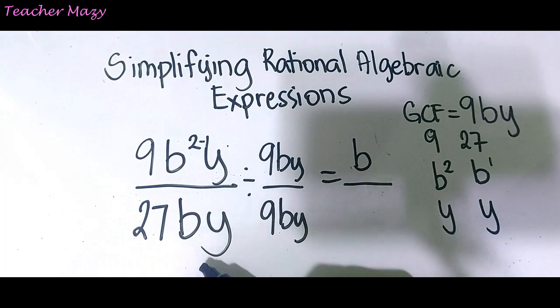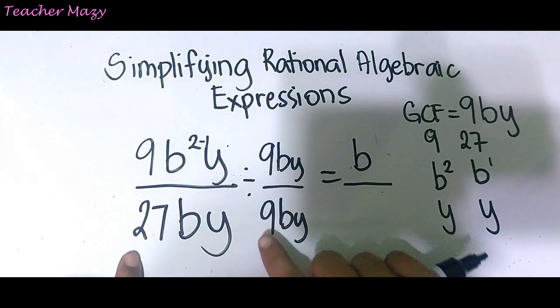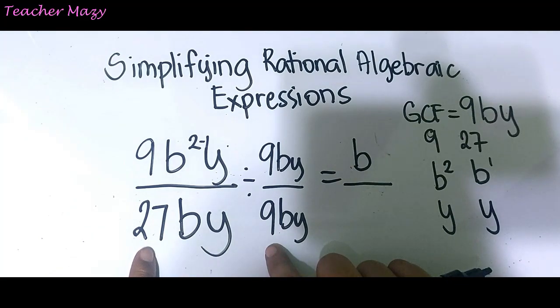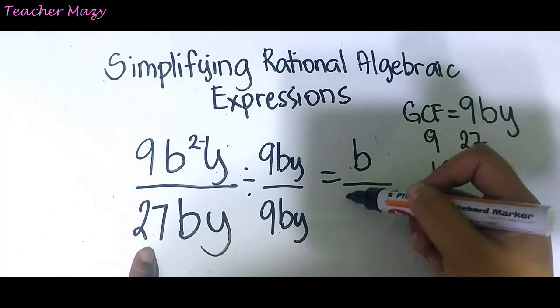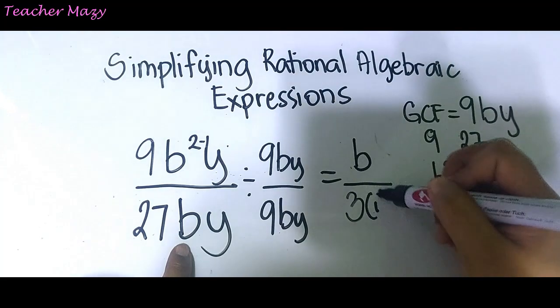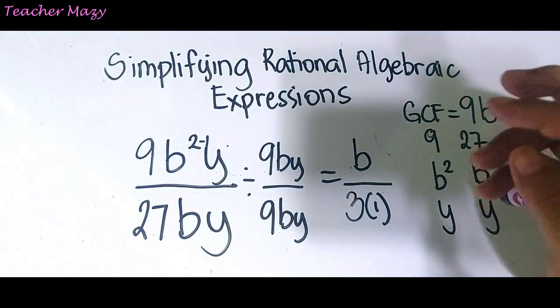Next, for our denominator, first let's focus on the numerical coefficient. That is 27 divided by 9, that is equal to 3. And then b divided by b is equal to 1, so we don't have to write it here.